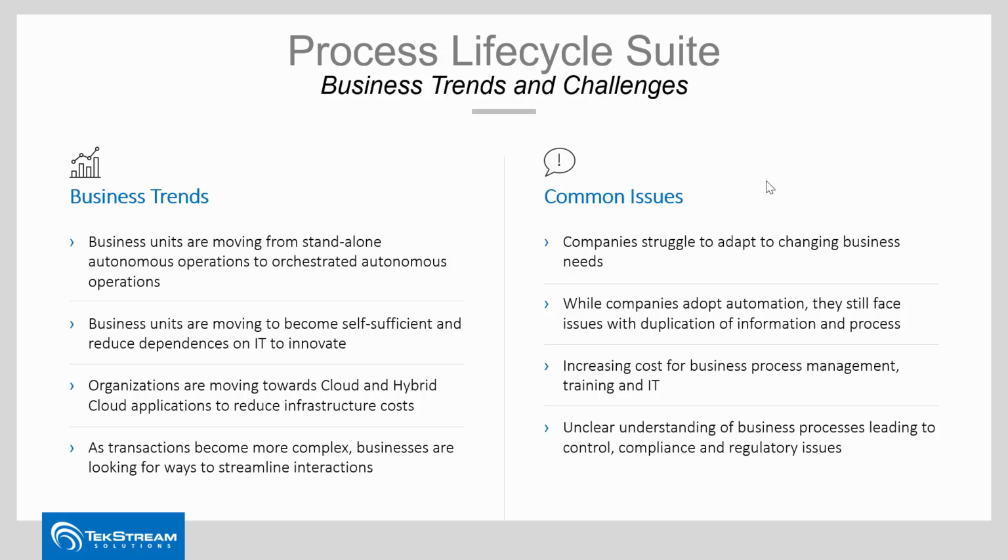And a lot of companies adopt automation, but they still have issues with duplication of information and process. And it kind of goes back to some of the business trends where previously people have been buying these siloed autonomous applications and not really thinking about how that brokers into the rest of the organization.